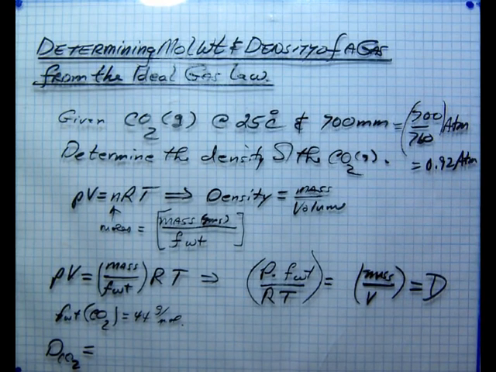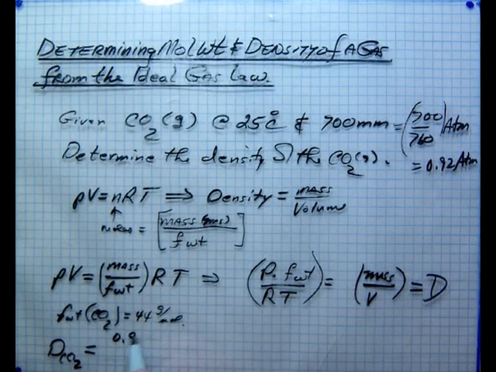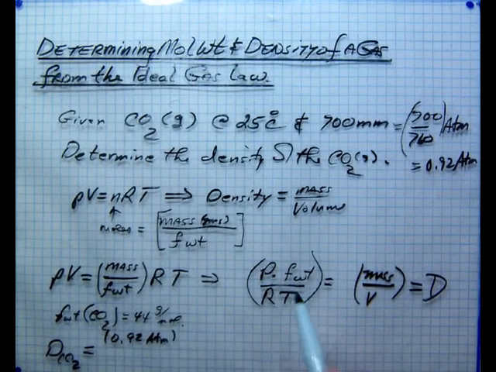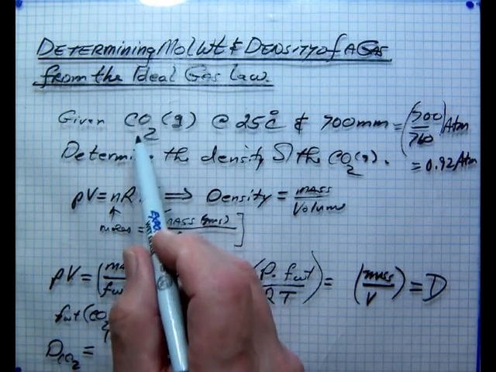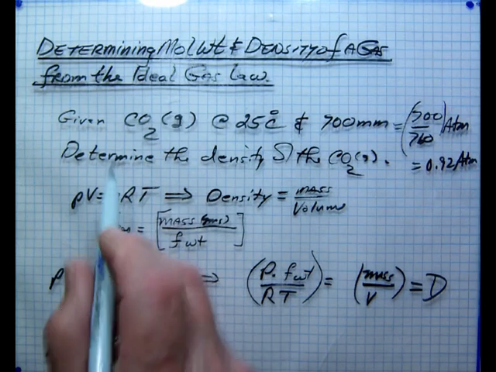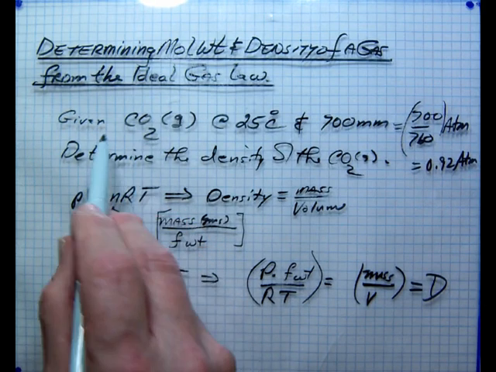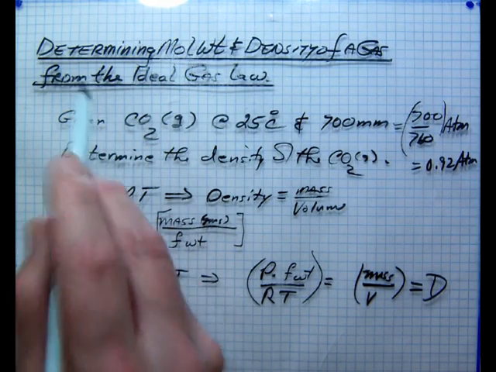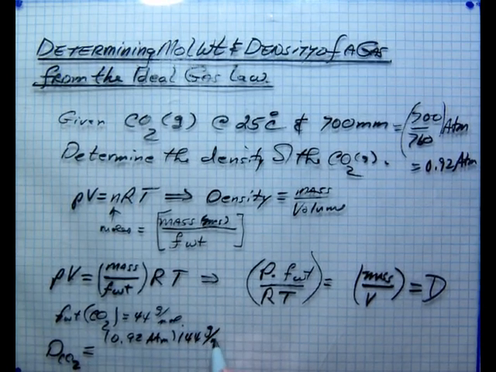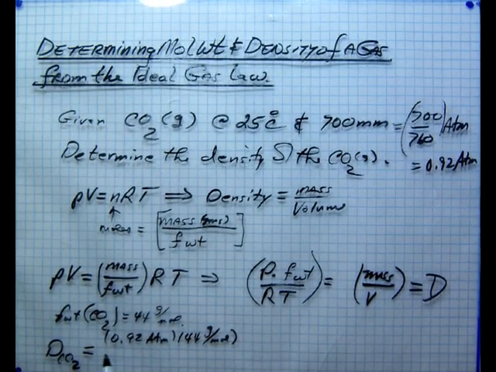So the pressure I want to put into my formula is 0.92 atmospheres. Formula weight for this is 44 grams per mole. 16, 16, 32, carbon's 12, 32 plus 12 is 44, right there.